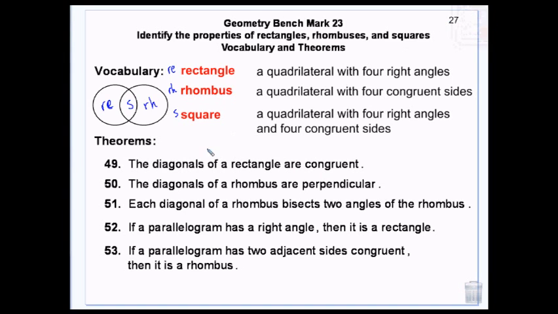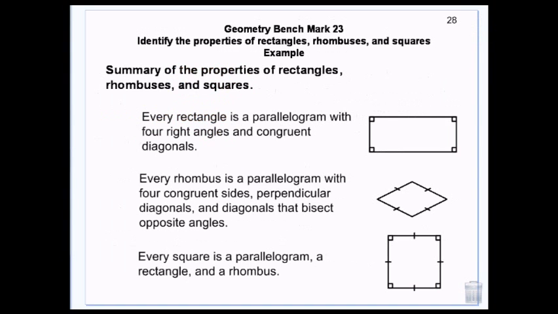All right, so the diagonals of a rectangle are congruent. So we go to the next page. We have every rectangle is a parallelogram with 4 right angles and congruent diagonals. So if we put diagonals in there, that's a terrible diagonal.